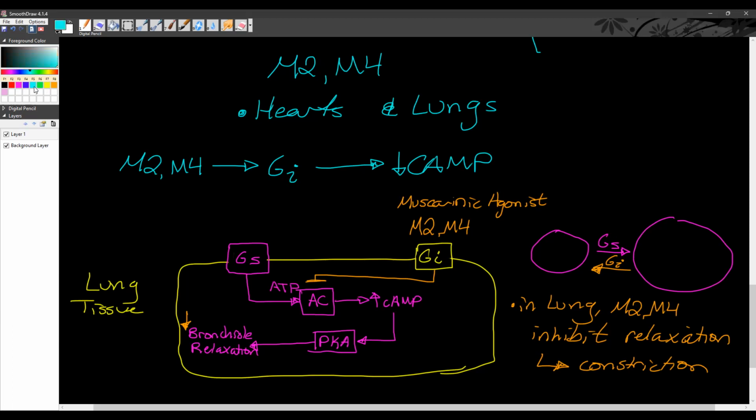If you're wondering what receptor is GS, does anybody remember? The betas. It is beta 2. So when you agonize the beta receptors, you cause relaxation. But if you agonize the muscarinic receptors, you're going to cause constriction, right?